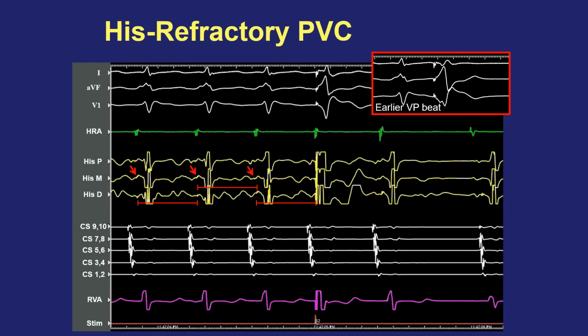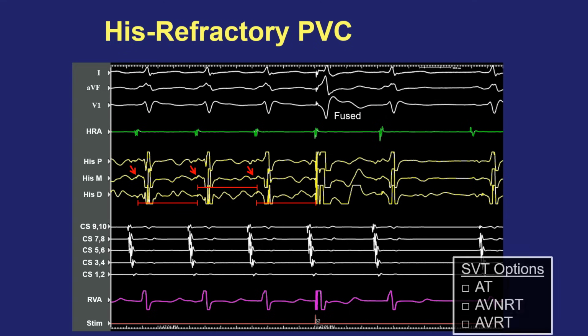So the fact that this is a blend, a fused beat, directly implies that the His bundle must have been activated in the forward direction, and not only the His bundle, but the Purkinje fibers as well, because they contributed to the QRS morphology, thereby creating a fused complex.